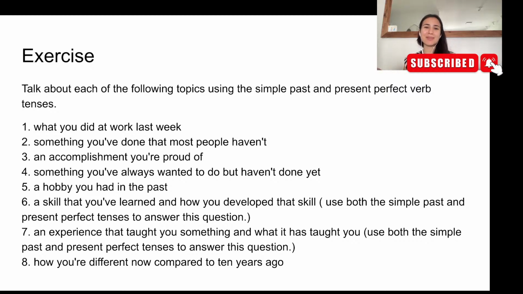And if you don't make mistakes, you don't learn. So you need to make the mistakes in order for you to realize what you're doing wrong so that you can correct it for the next time. Okay, so don't feel intimidated.